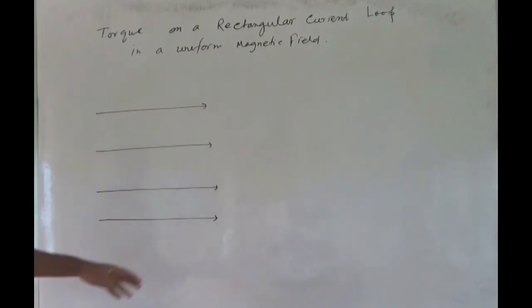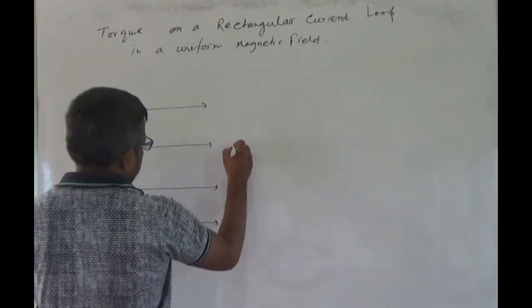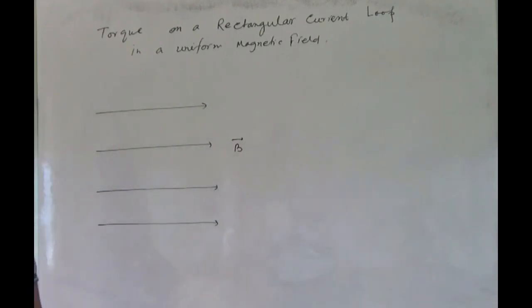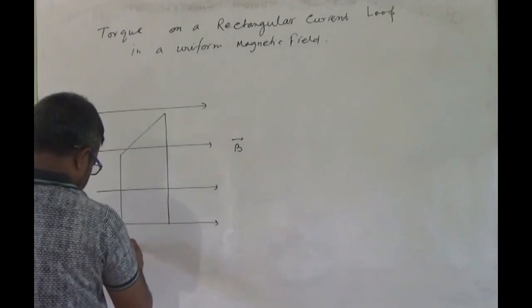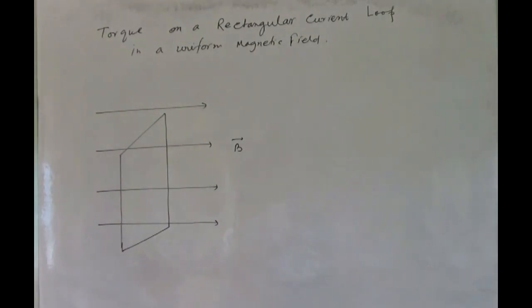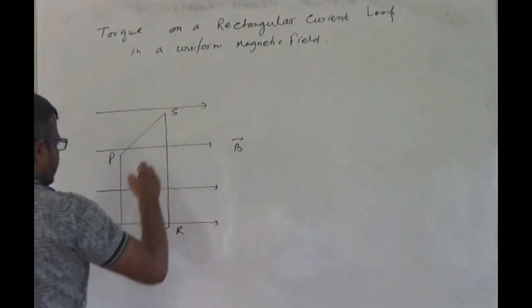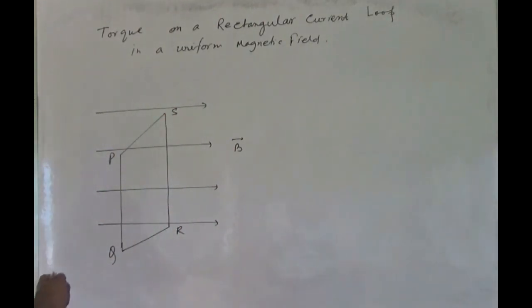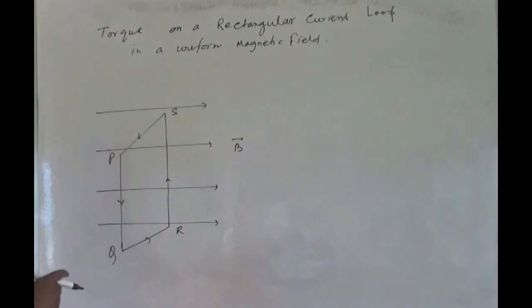Let us say here is a region in which there is a uniform magnetic field of strength B. Clear? And here is a rectangular current carrying loop PQRS in which current I is flowing in anti-clockwise direction.